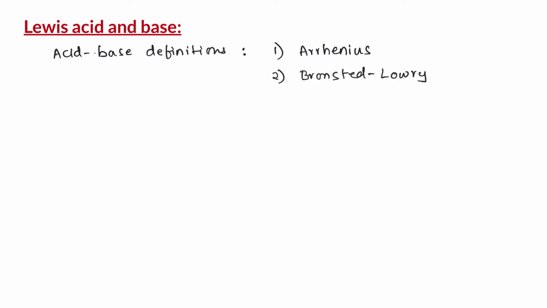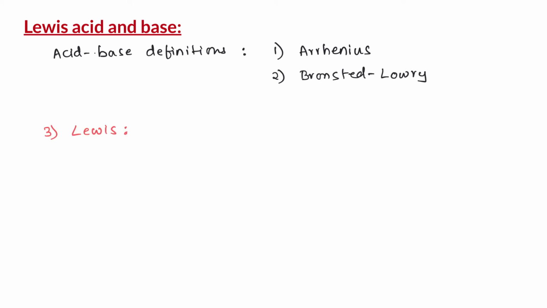We have already discussed 2 different types of definitions for acids and bases: Arrhenius acids and bases, and Bronsted-Lowry acids and bases. Here we are about to discuss a third definition of acids and bases proposed by a scientist named Lewis.